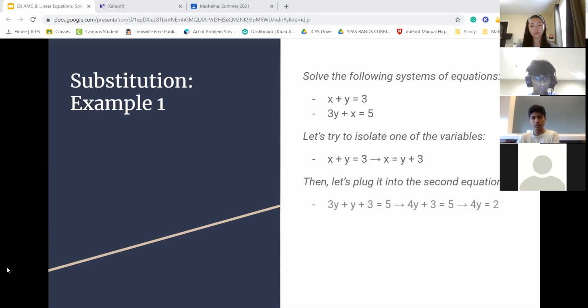Now we're going to plug our value of x into the second equation. So now we have 3y plus y plus 3 equals 5. Now we just solve for y, which equals 1/2. Then we substitute 1/2 into our original equation. We get x equals 2.5. So the solution is 2.5 comma 1/2.